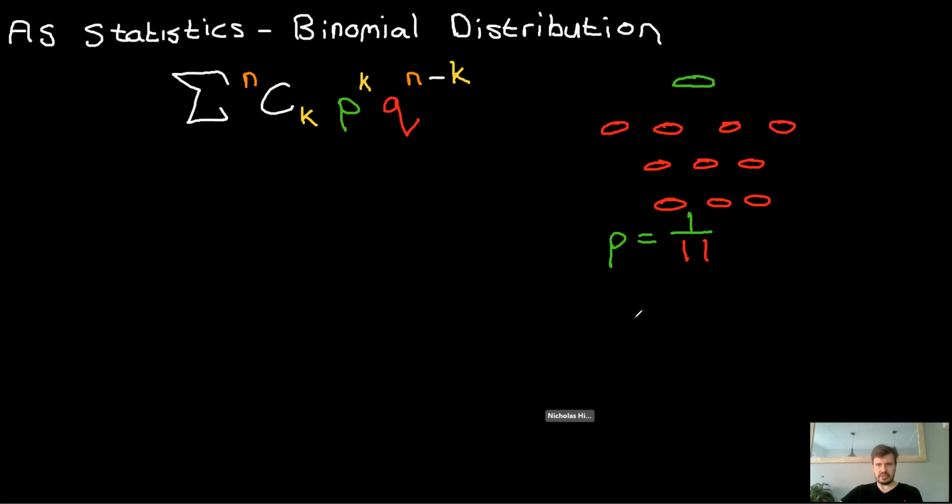My Q is simply 10 out of those 11, right? Does that make sense? So success is 1 out of 11, and then the failure is 10 out of 11.